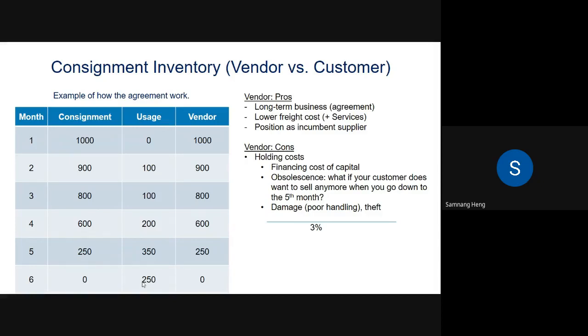They could sell other brands. They don't want to bother selling our product. Maybe there is no incentive for them, or little incentive for them to sell it. So it's a financial cost of capital.